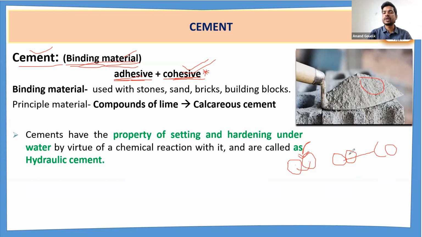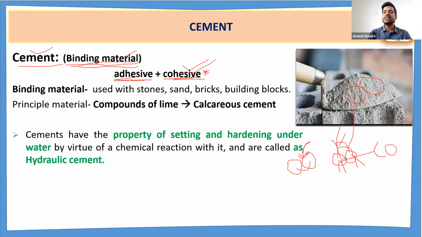That means what we are observing is attraction between the same type of molecules. From the cement bag I have taken only two samples. This cement particle will be the same as this other cement particle. These two particles or molecules have the same properties, so they bind with each other when you add some water.